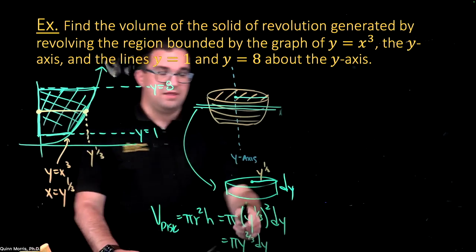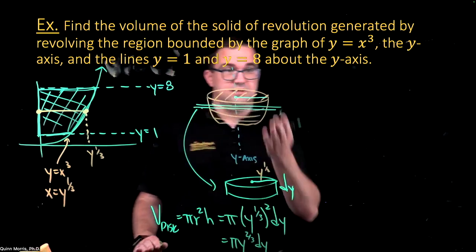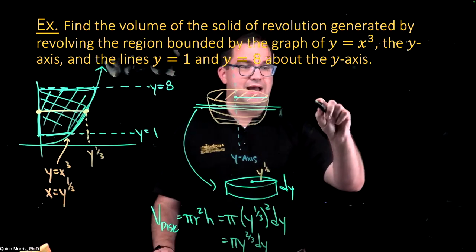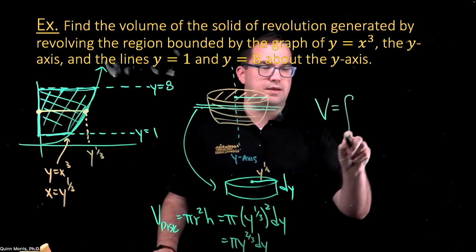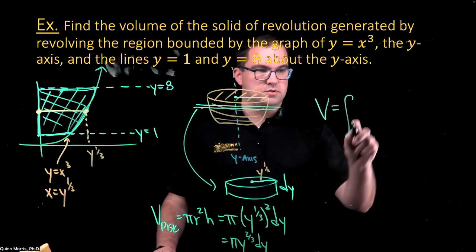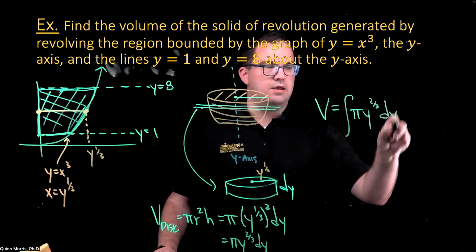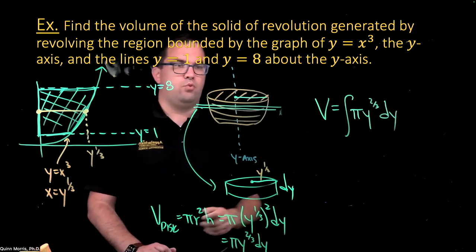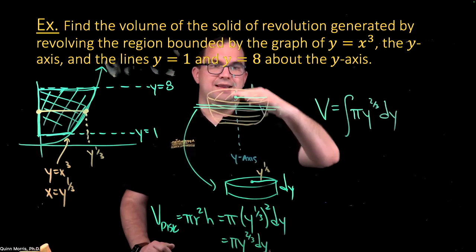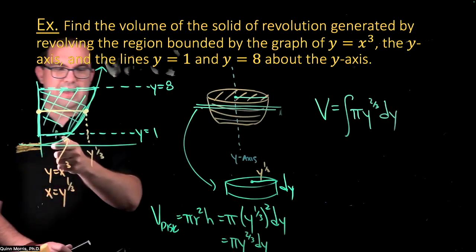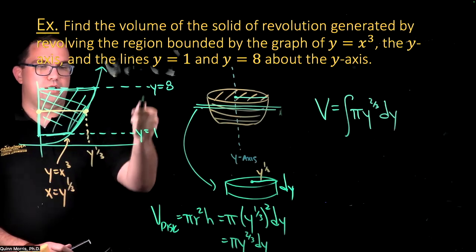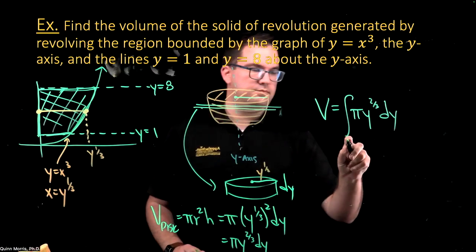All right, now that I've got the volume of one of my cross sections, and again, these are consistent cross sections, I can now just add them up by integrating to get my total volume. So pi y to the 2/3 dy. Now I need to ask myself, over what range of y should I be adding up these cross sections? Well, I ought to be adding here from y is equal to 1 up to y is equal to 8.